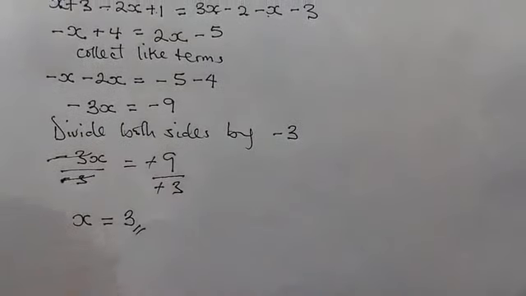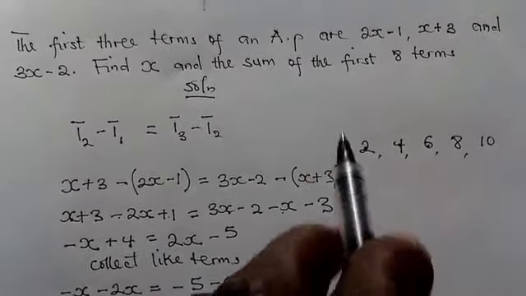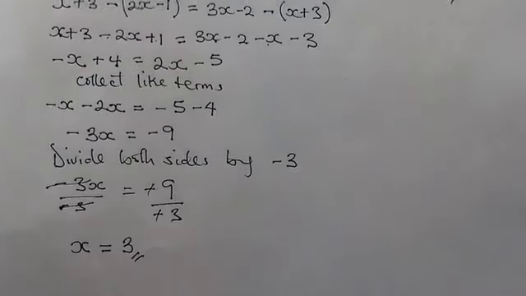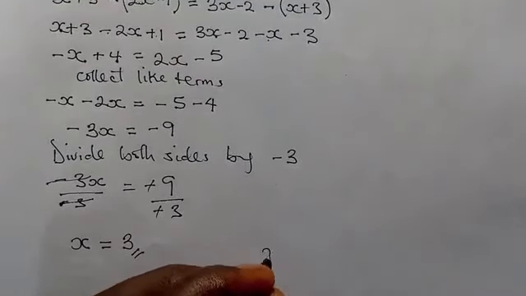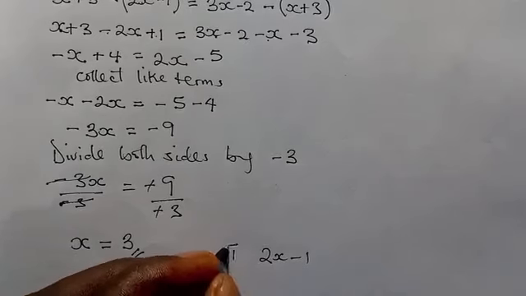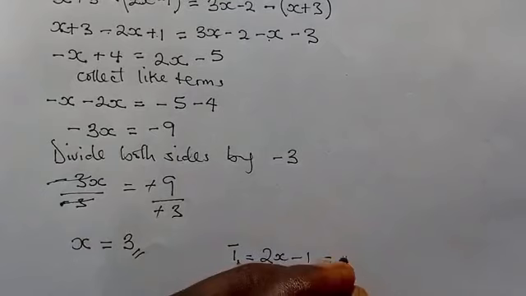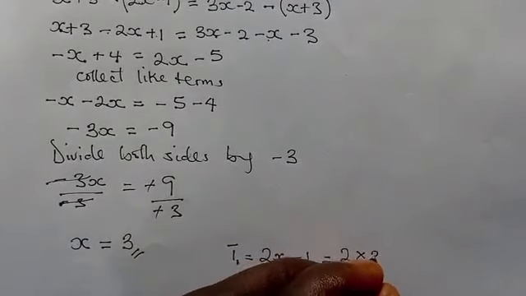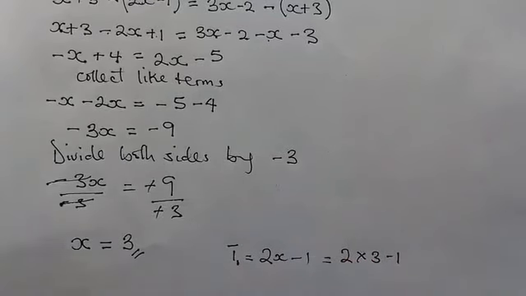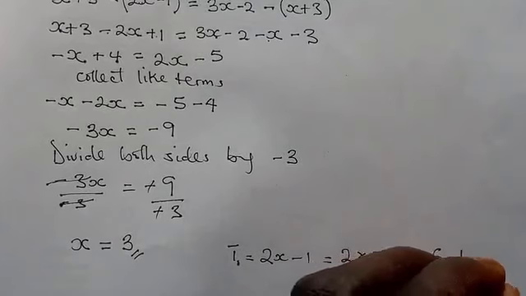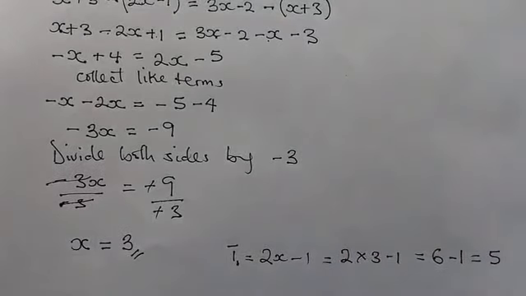The first term as given to us is 2x minus 1, that is t1. Substituting the value of x, we are going to have 2 times 3 minus 1. And that will give us 2 times 3 is 6, minus 1, that is equal to 5. It means term 1 is equal to 5.